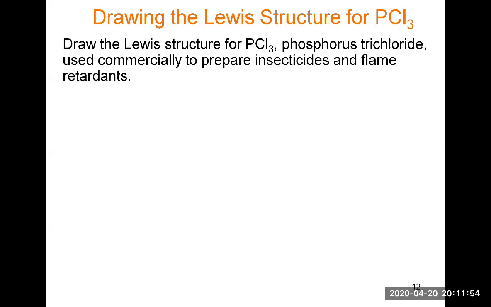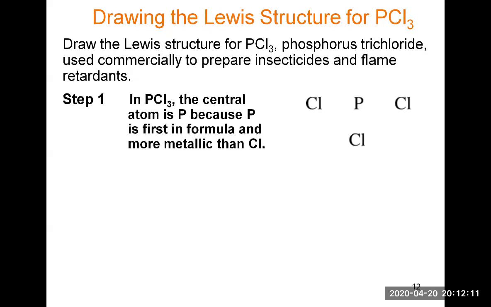So we said that you want to place the first atom in the formula in the center because it's usually the most metallic. And if you look at phosphorus and chlorine, phosphorus is to the left of chlorine, so it's more metallic. So you would place P in the center and surrounded by the 3 chlorines.